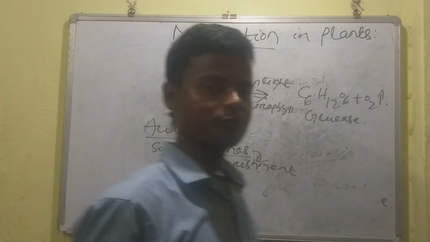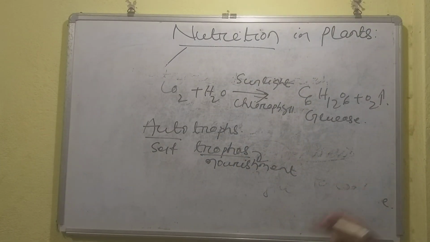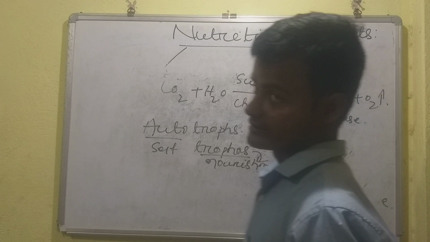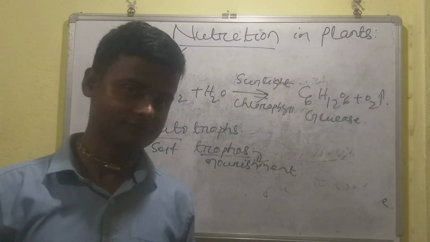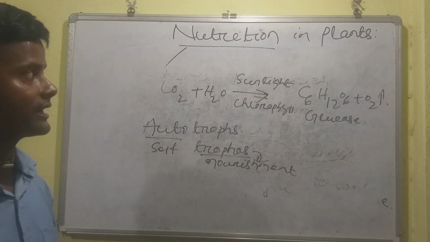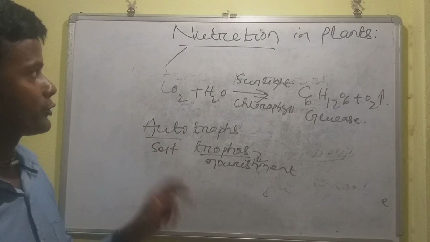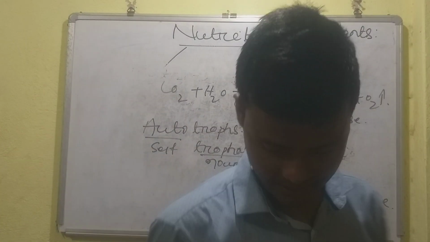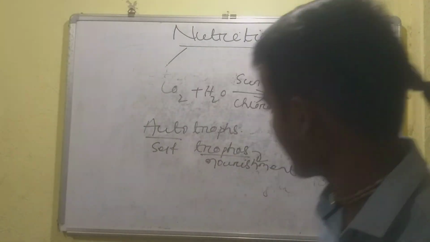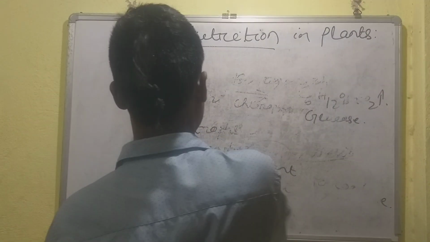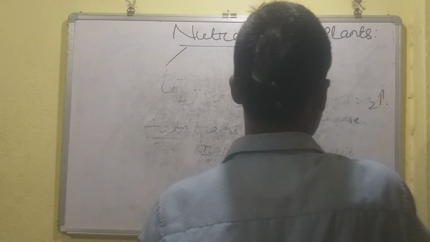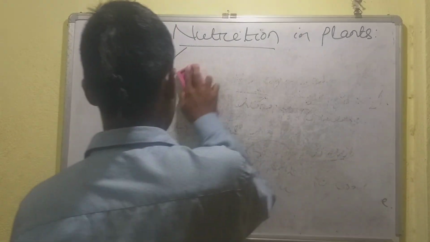Plants prepare their own food material, so plants are known as autotrophs. But there are certain plants that are heterotrophs. We will study that also in this chapter later. So plants prepare their own food material by the process of photosynthesis. Let us draw a diagram of how plants prepare their food material by the process of photosynthesis.